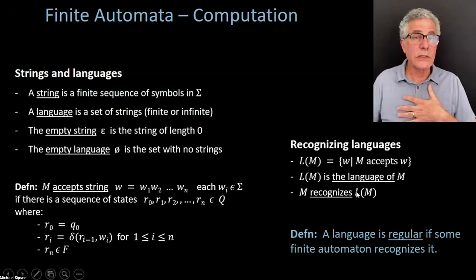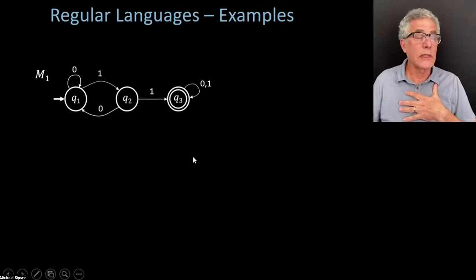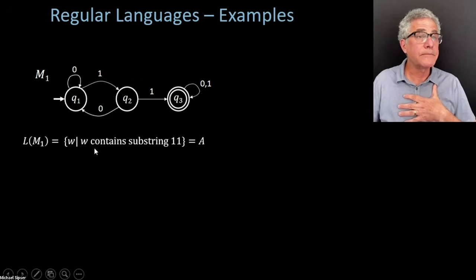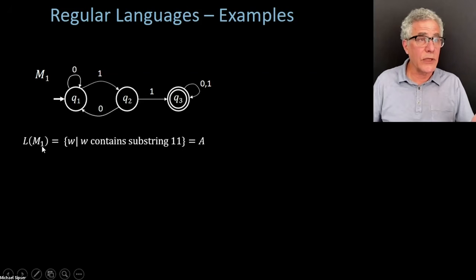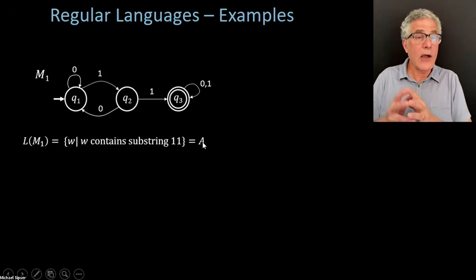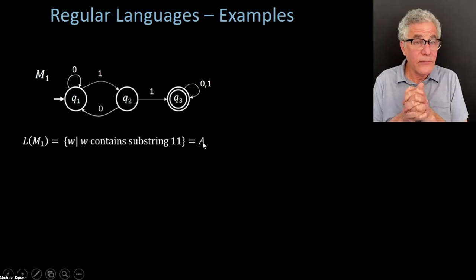Okay, so let's continue and do a couple of examples. Here again is that, getting to be an old friend, automaton M1. Remember, its language here is the set of strings that have the substring 1 1. That is language A. Now, what do we know about A from the previous slide?